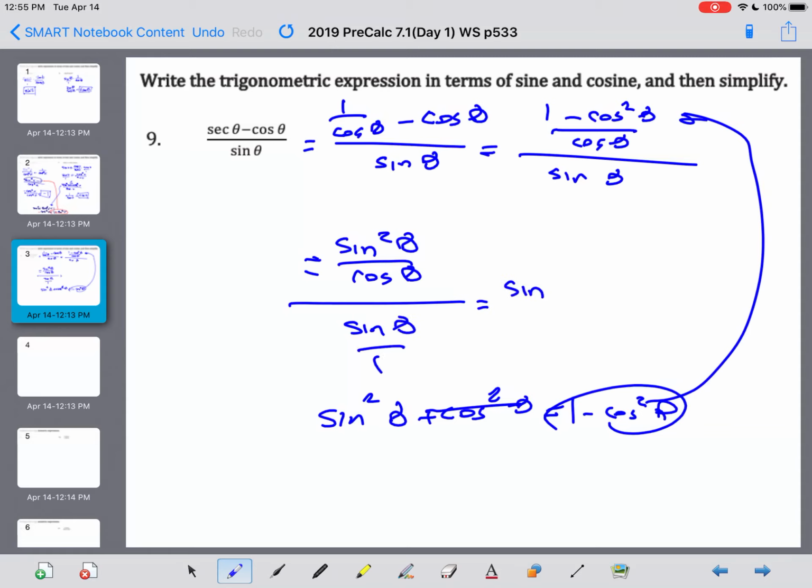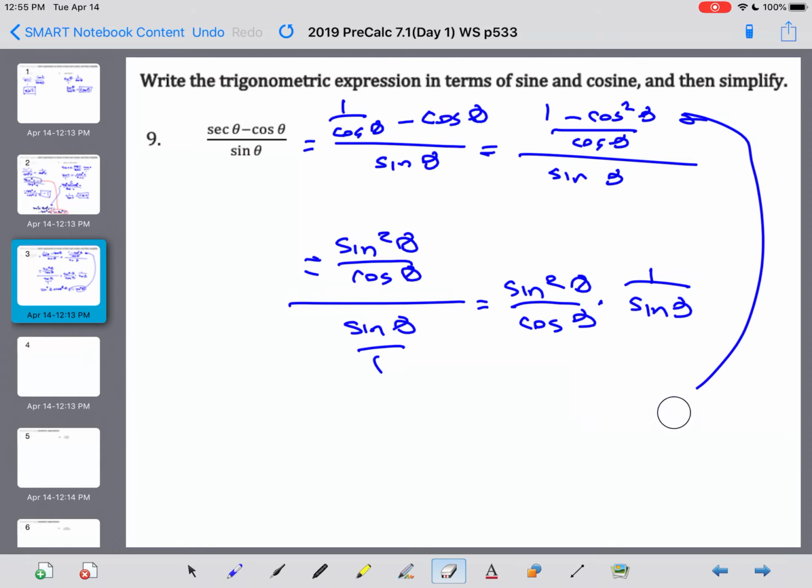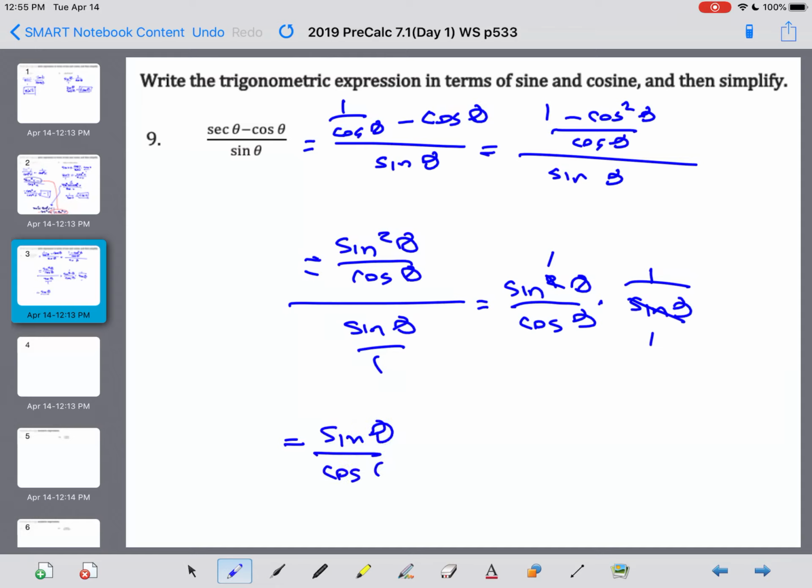So again, I can do the flip and multiply. So I get that top, flip this as 1 over sine theta. Okay. And so this cancels a 1, that changes the power to 1, so I end up with sine theta over cosine theta, and that equals tangent of theta.